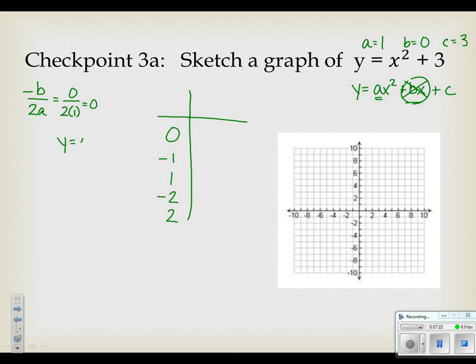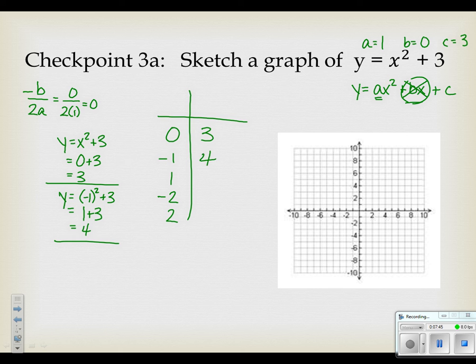So y is equal to x squared plus 3 is our equation. Put my first value of x in, and I'm going to solve and find 3. Next one, I want to put in a negative 1 for x. Square it. Negative 1 times negative 1 is 1. 1 plus 3, I get a value of 4.